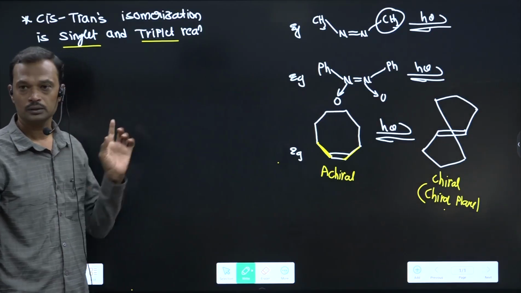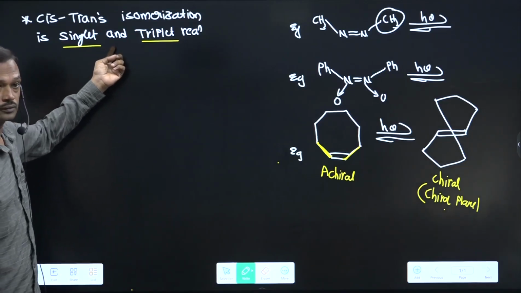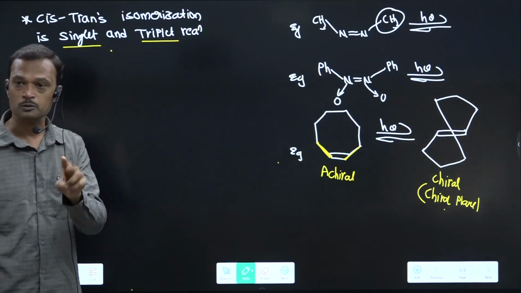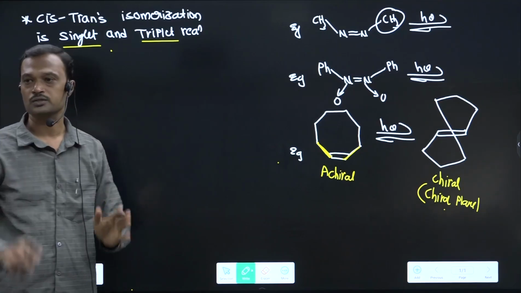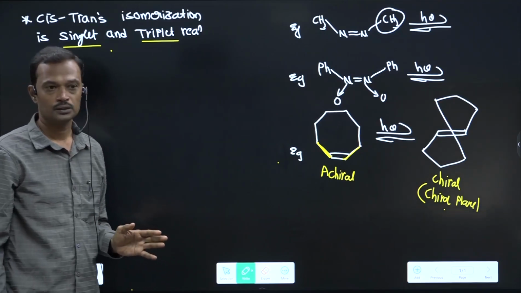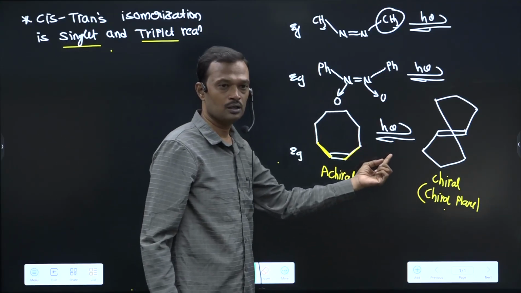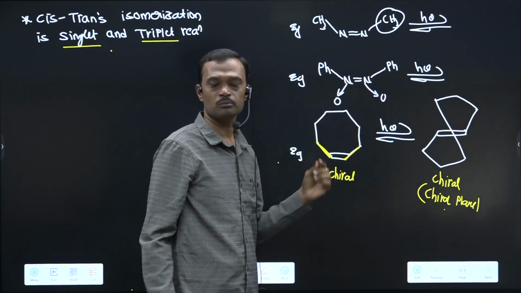Both. That's why these kinds of points are very important. You need to know in which state a reaction is possible. Some reactions are possible only in singlet, some only in triplet, some in both states. Is it a singlet state reaction or a triplet state reaction? Both. Cis-trans interconversion is possible under singlet as well as triplet state.